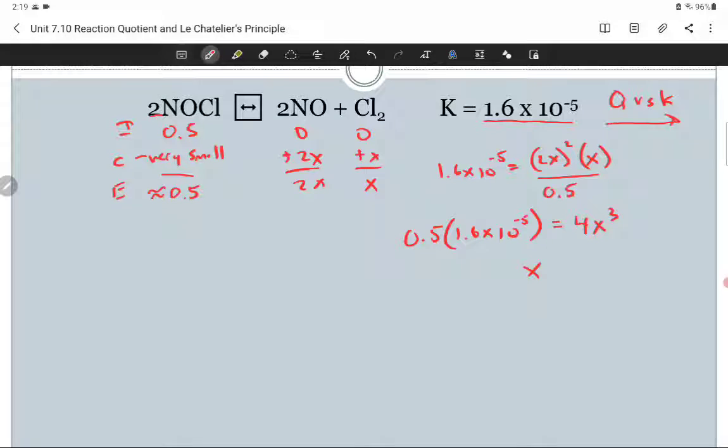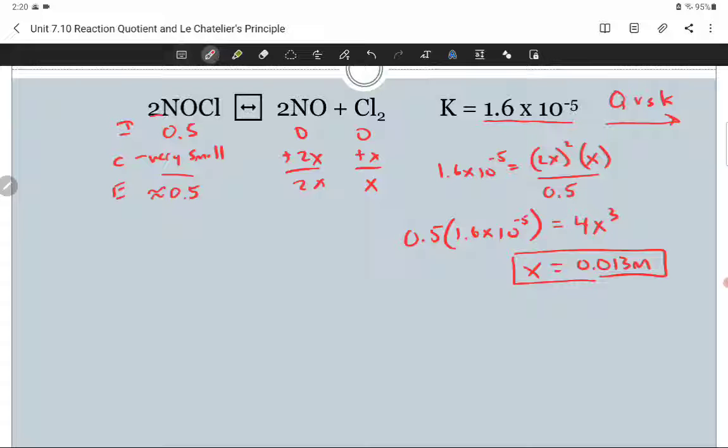X equals... I did some rounding here. So does 0.013 impact 0.5? It's not much of an impact. I mean, does it impact? It does, very, very, very slightly.